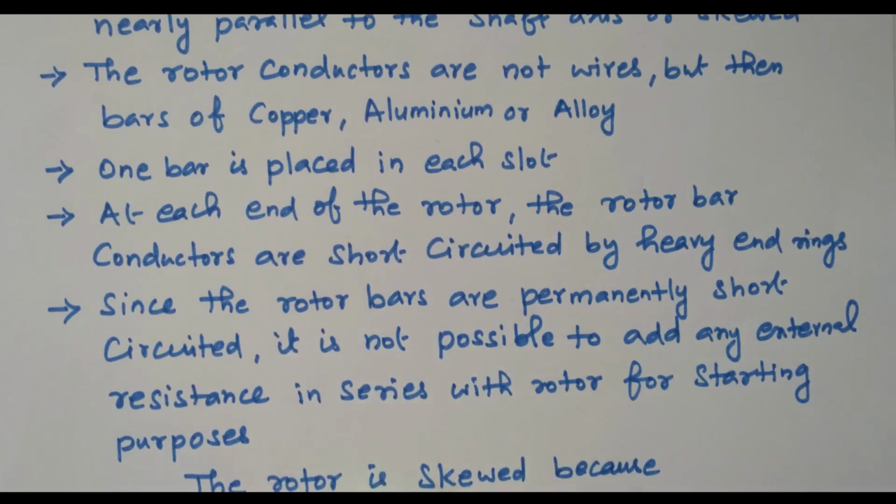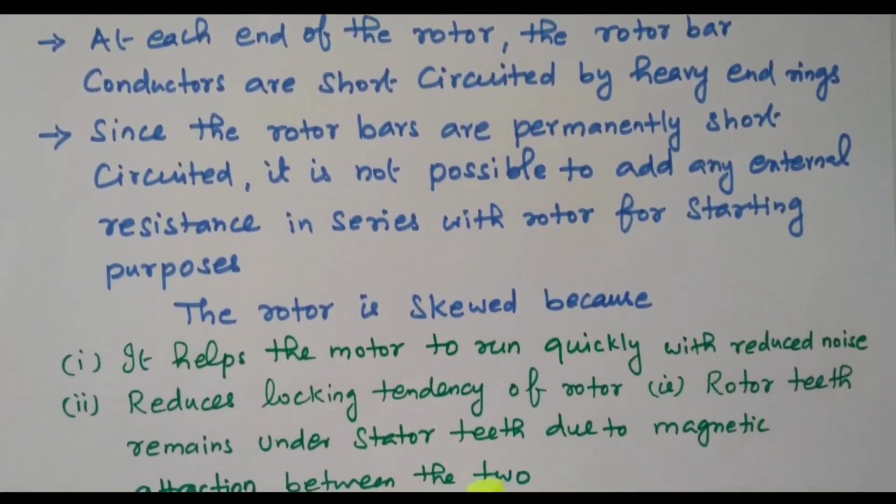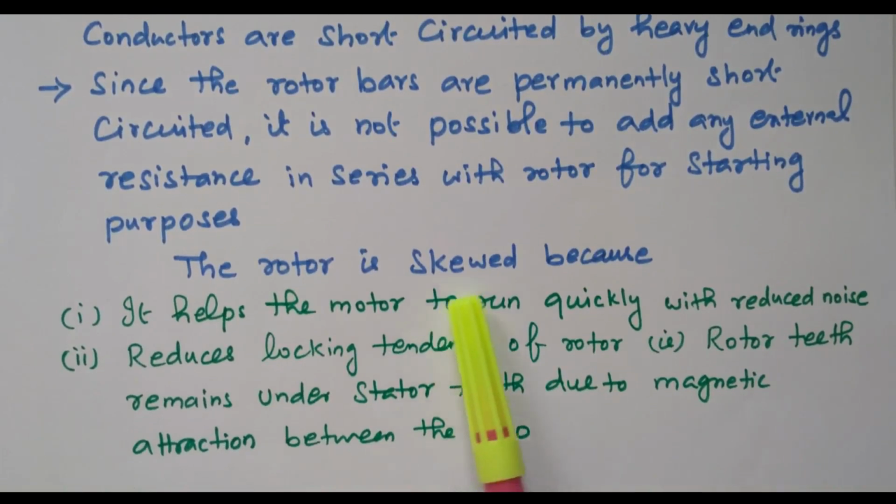The rotor is skewed, not a straight line, because there are two different purposes. It helps the motor to run quickly with reduced noise. The noise is reduced, and the locking tendency of the rotor is reduced. The locking between stator and rotor is reduced because of the skew.